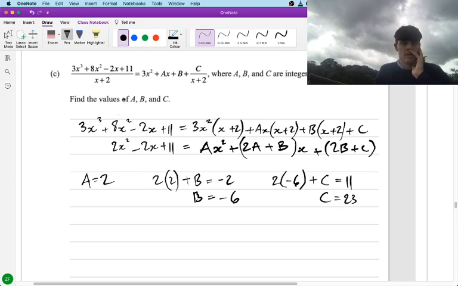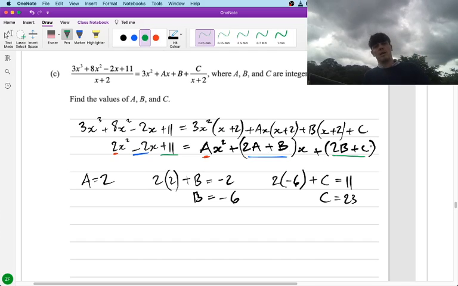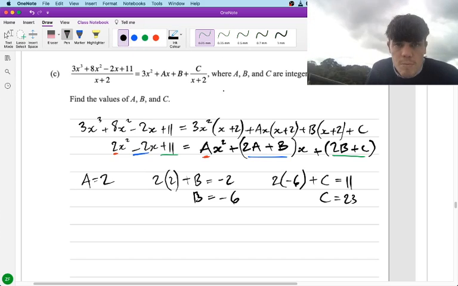So what I'm doing is, you can see here, everything attached to an x squared on this side is equivalent to what's attached to an x squared on that side. So that's why I made that a equals 2. Everything here, negative 2 is the same as this 2a plus b. And here, that plus 11 is the same value as whatever that is there. Because that's in the quadratic form, which would be lowercase ax squared plus lowercase bx plus c, right?